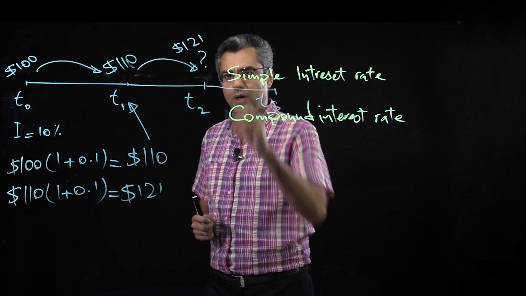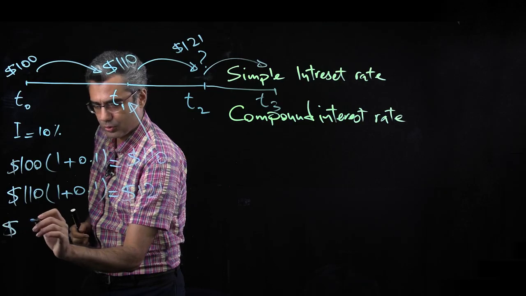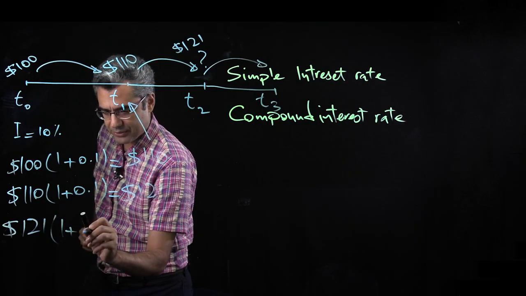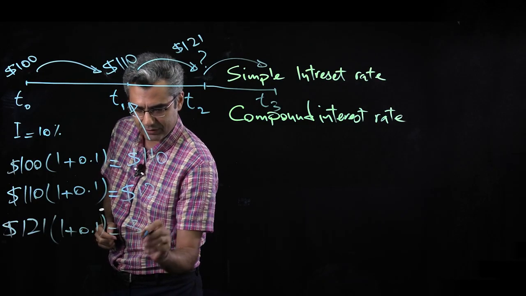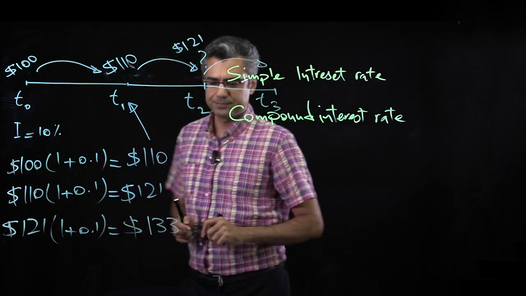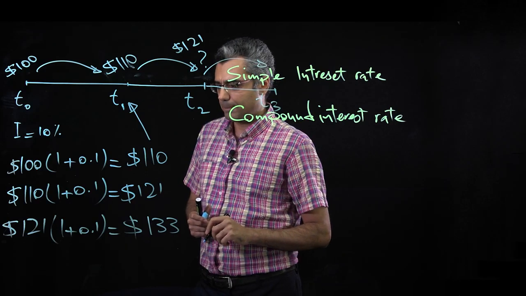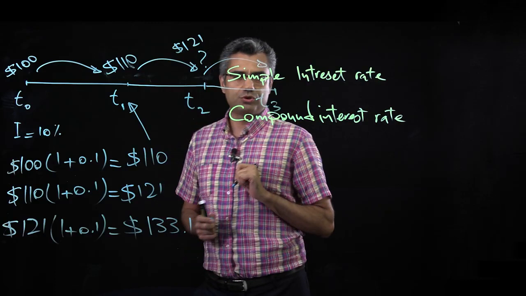If it's compounding, you already have $121, so 10% will be added to it. So now you have, if you compute it, $133.1.